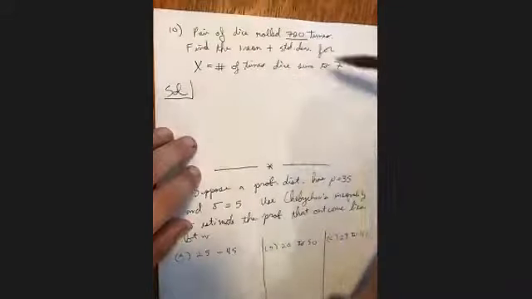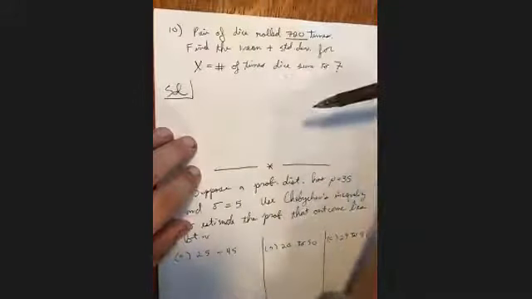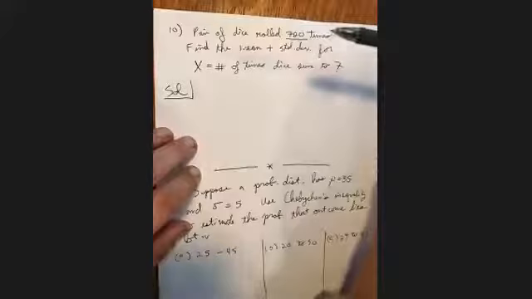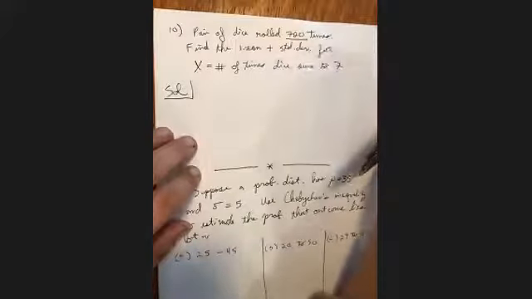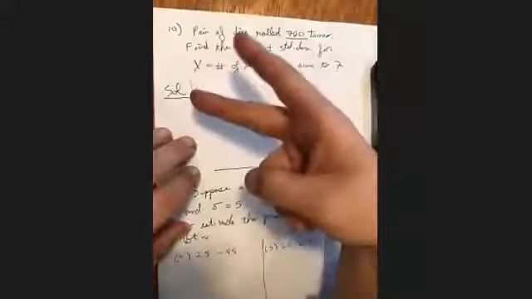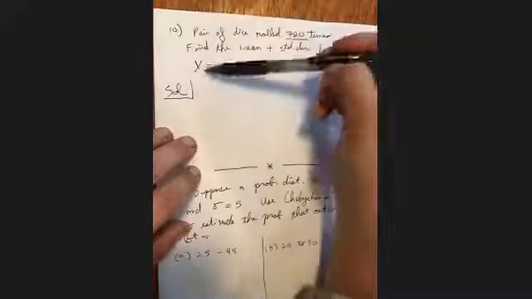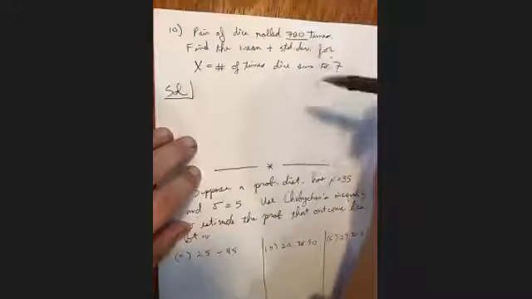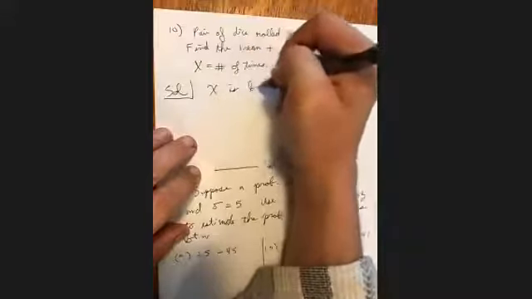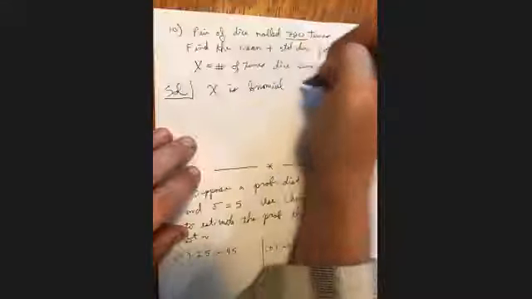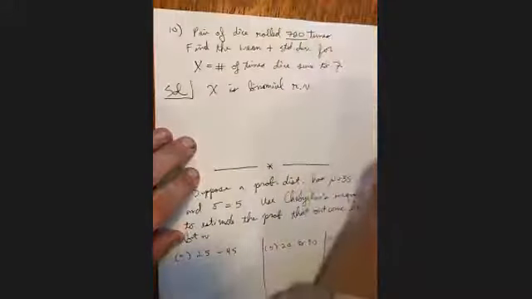Either the dice sum to 7 or they don't. So we only care about whether they do or don't sum to 7. Since there's only two outcomes, X is a binomial random variable.